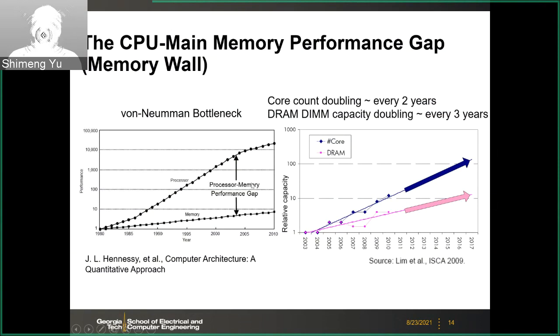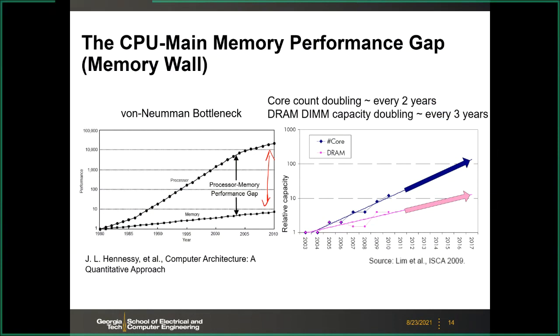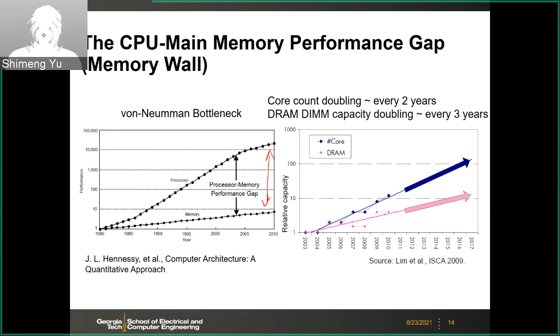It shows the normalized performance of the processor on-chip versus the bandwidth that the DRAM memory can provide. Over the years, you see there is an ever-increasing gap. That means the processor can run very fast, but you don't have enough time or bandwidth to fetch the data for the processor to compute. So the bottleneck of the system will be the bandwidth of the DRAM memory.